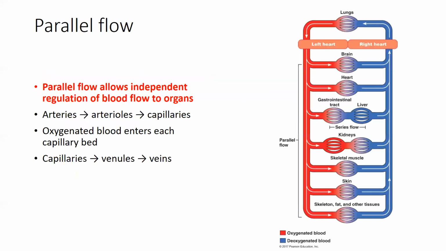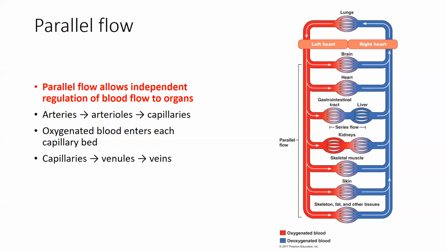Whereas in the systemic circulation, blood is flowing in a parallel flow. So blood is going to go to the lungs, right, as one option, to the brain as another option, to the liver, to the kidneys, to your muscles, your skin, and so on and so forth. So when we say parallel here, right, the blood has an option essentially.